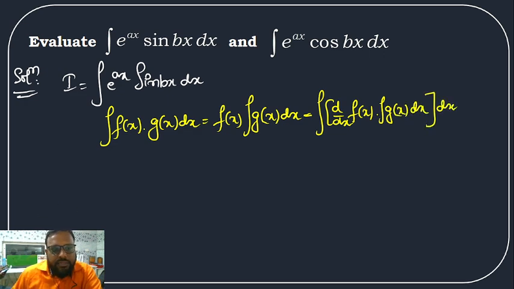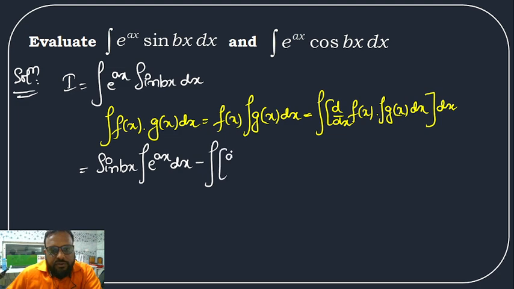Now, in this case, our first function will be sin bx and our second function is e to the power of ax. So when you apply the formula for the above one, it becomes sin bx integration of e to the power of ax dx minus integration of derivative of sin bx into integration of e to the power of ax dx whole dx.